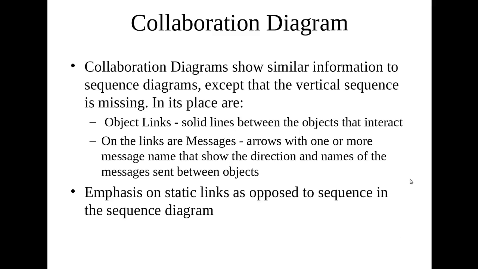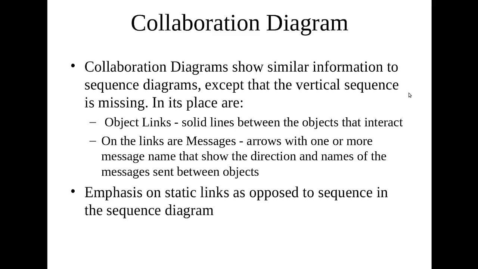So what happens in collaboration diagram is, here you show the similar thing as we saw in the sequence diagram, that the events are taking place, but you don't have a timeline. You don't show it in a vertical sequence.